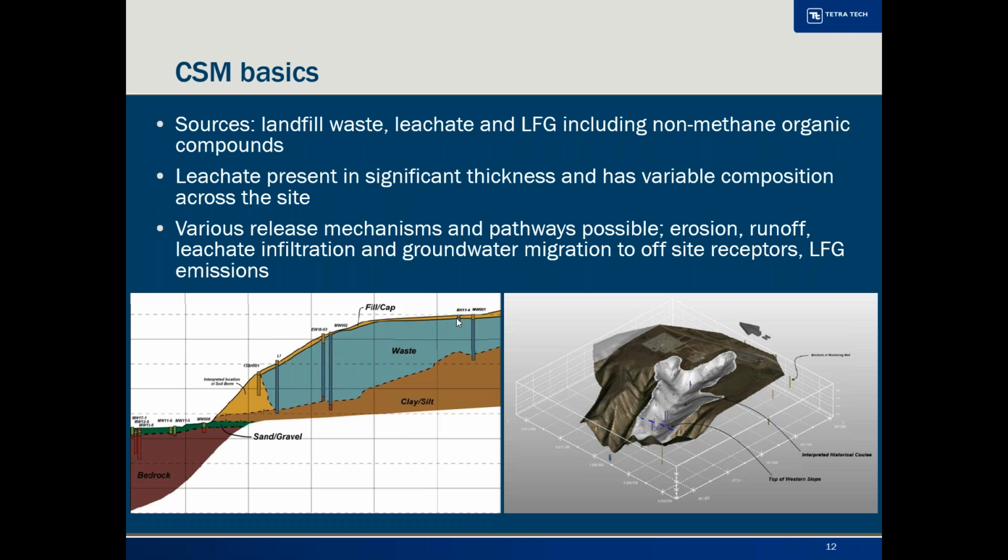There's of course a cap over top, and then there is the sands and gravel, which are mostly unsaturated, so it may or may not form a confining barrier for migration into the bedrock. And then the Old Man River is about 800 meters further to the west.